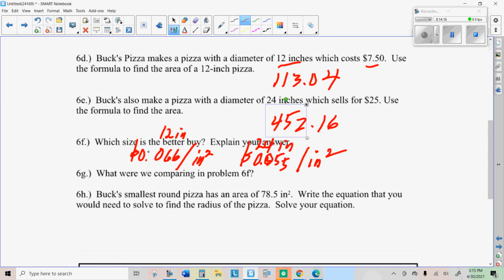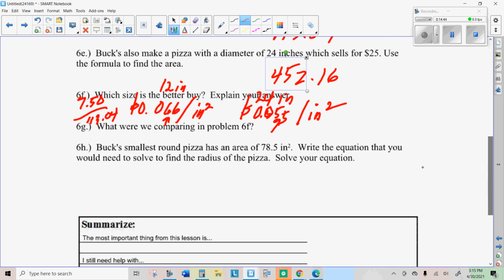And here's my math here. What I did is I took the cost, which is $7.50, and I divided that by the area, which was 113.04. And that told me the price per square inch. So it's about 6.6 cents per square inch, where the bigger pizza, doing the same math, gives me about 5.5 cents per square inch.